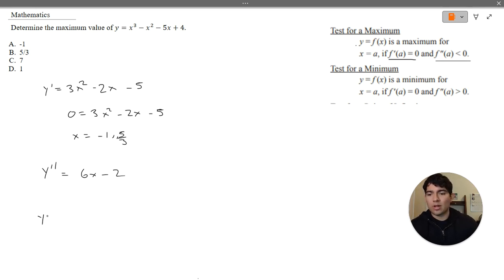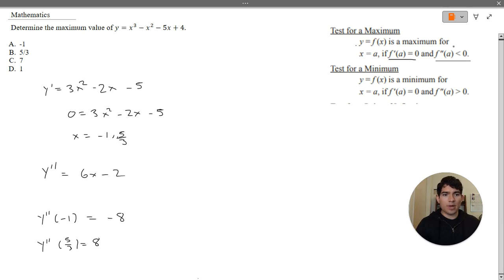So we have y double prime of -1 is equal to -8 in this case, and then y double prime of 5/3 is equal to +8.